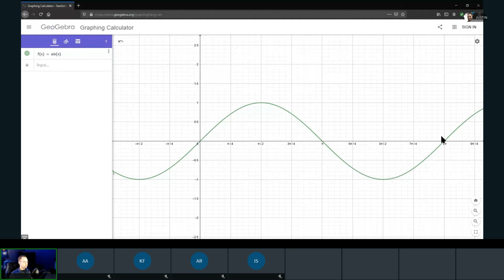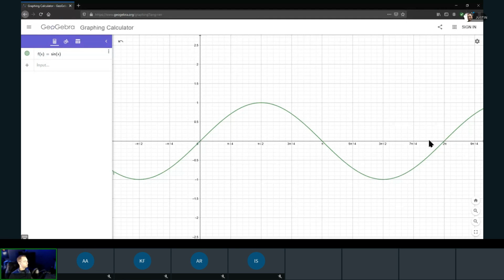So it goes up, then down, and then it starts over. So the period of this parent function is 2 pi, because at 2 pi, it starts over. So the same pattern repeats. Again, the period is the duration until the function repeats. So up, down, and then starts over.